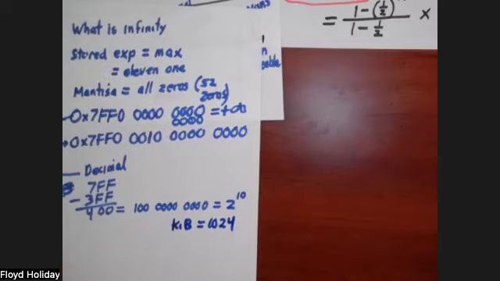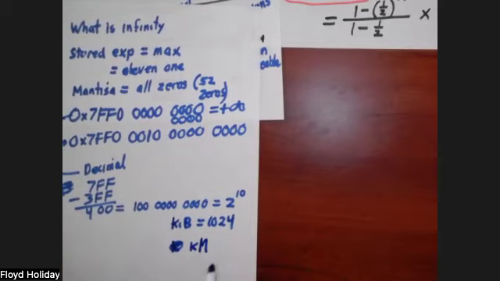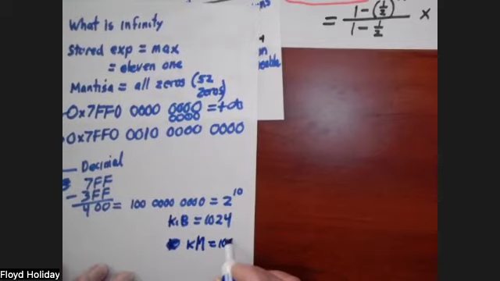Okay. All of our data traffic is measured in kilometers, that's the metric system. I think it's little km, big M. Anyways, kilometers would be 1,000 meters.